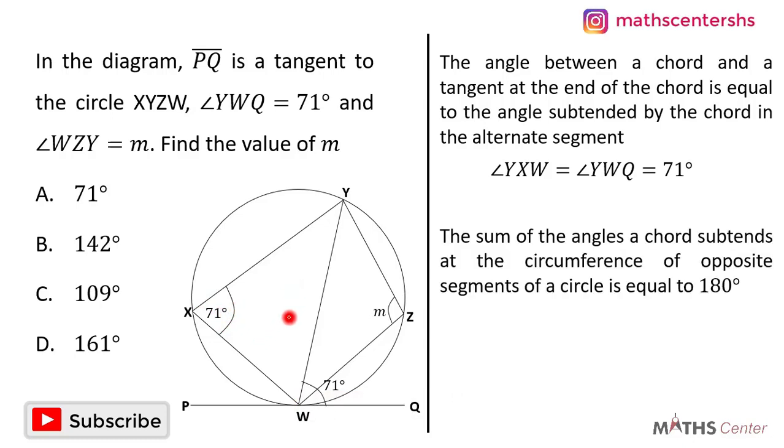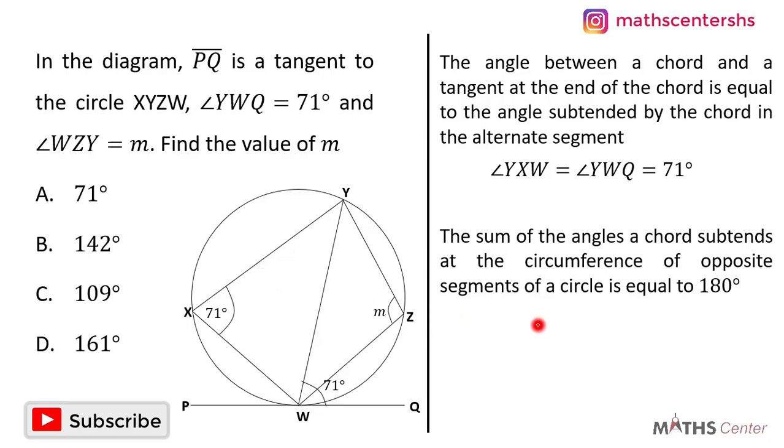Another theorem of a circle is that the sum of the angles a chord subtends at the circumference of opposite segments of a circle is equal to 180 degrees. We have the chord WY. As we have already seen, this chord WY divides the circle into two segments. We have the minor segment here and the major segment here.